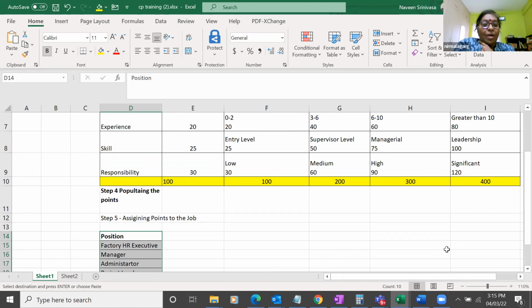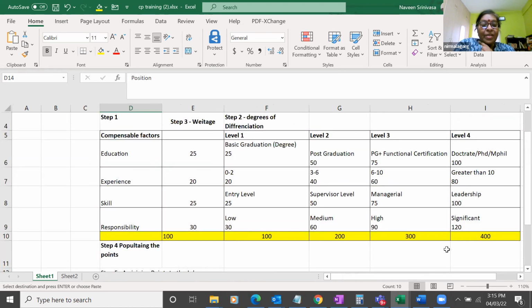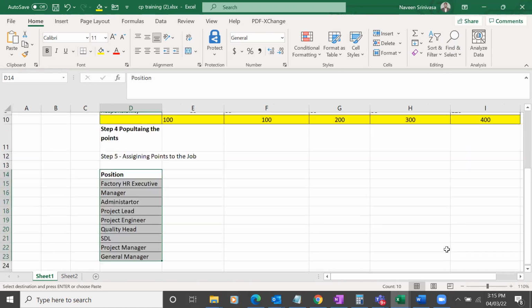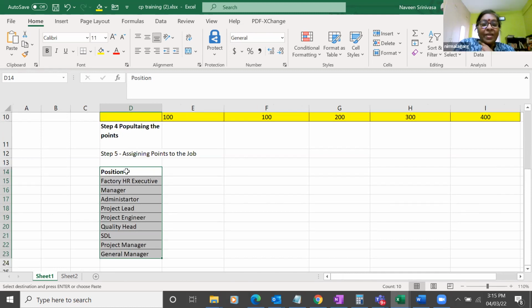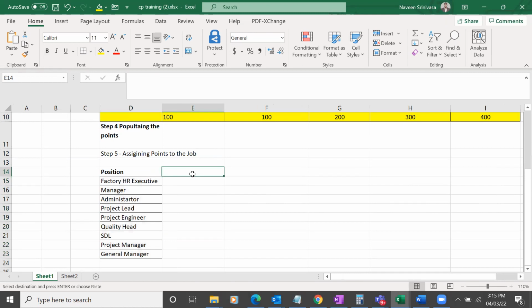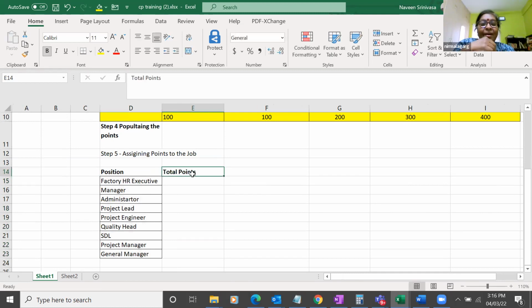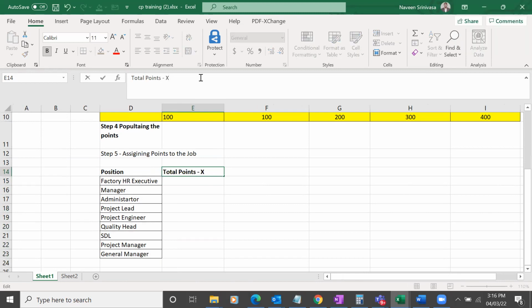Where you wrote position, in the same E column, write total points, then a dash and X, the point value. Or you can also write point value X.